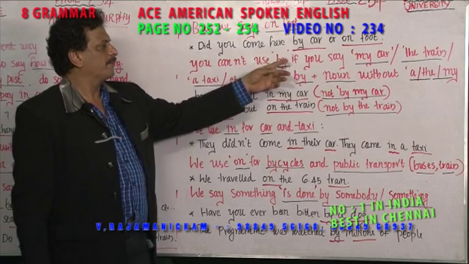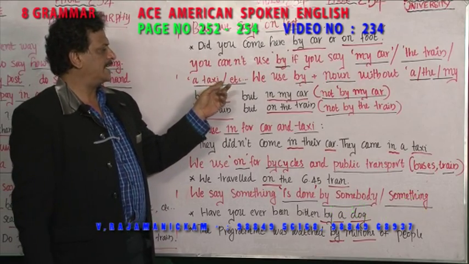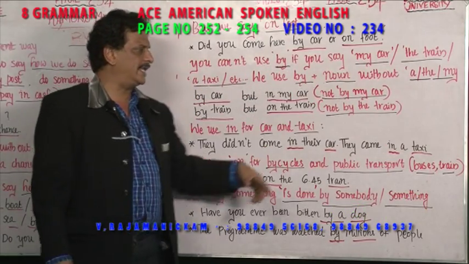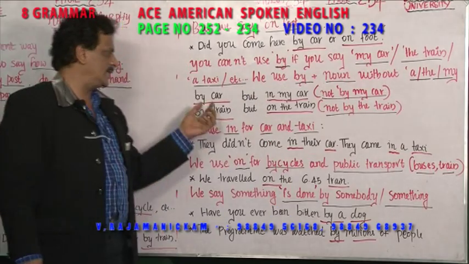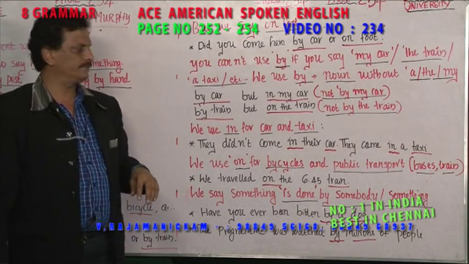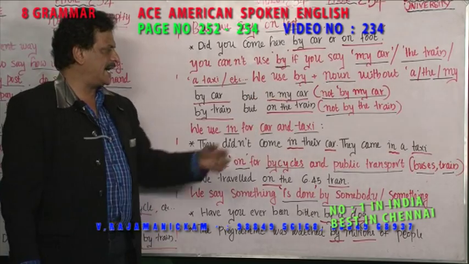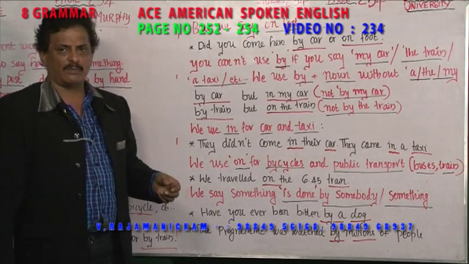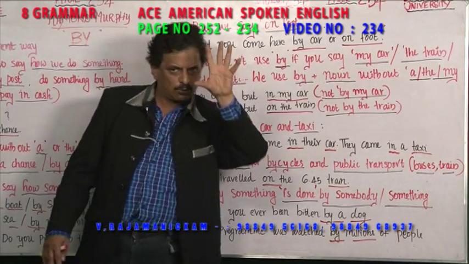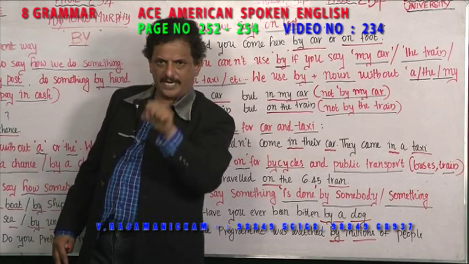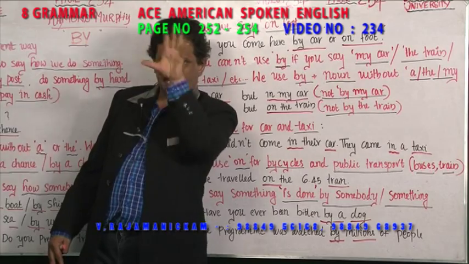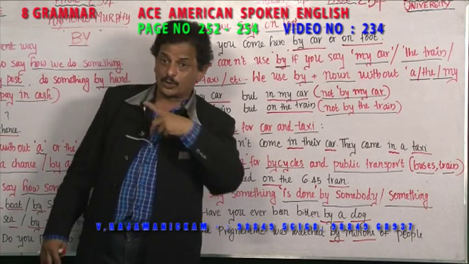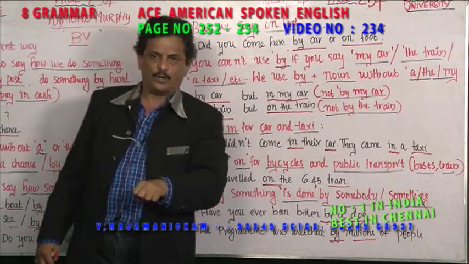இங்க பாருங்க, உதாரணத்துக்கு train, a taxi. We use 'by' with a noun without a, the, my. 'By car' சொல்லலாம். In my car, not by my car. 'By' க்கும் 'car' க்கும் நடுவுல 'my' வரக்கூடாது. சொந்தம் கொண்டாடக்கூடிய பிரதிபெயர்ச்சொல் my, your, his, her, its, their வரக்கூடாது. 'A', 'the' வரக்கூடாது.